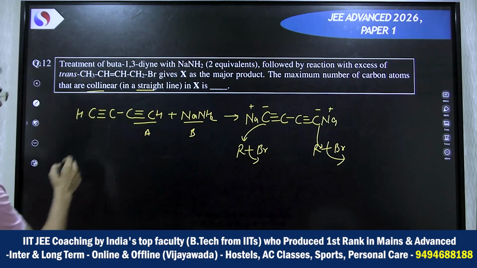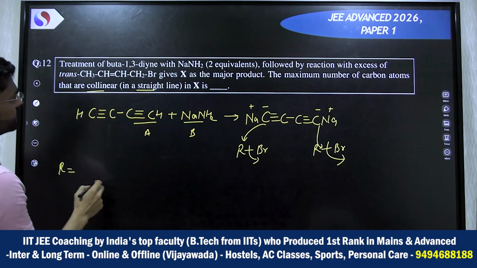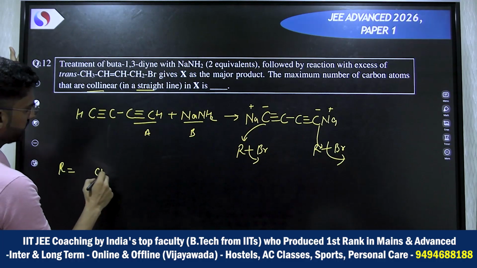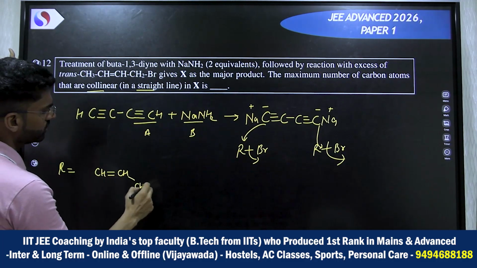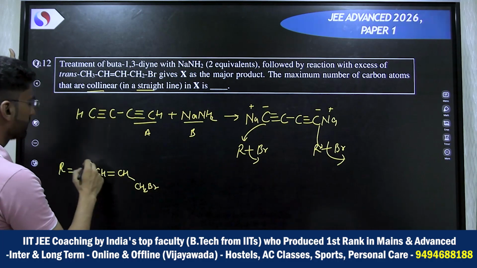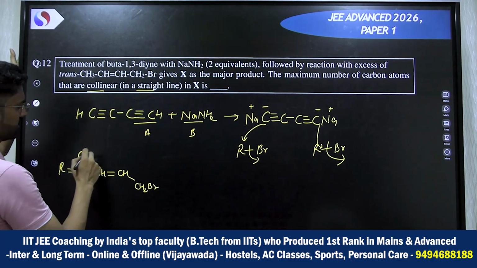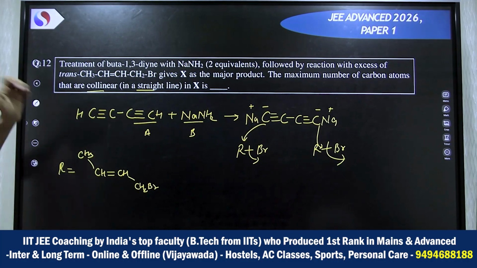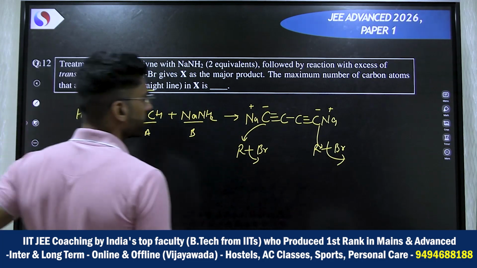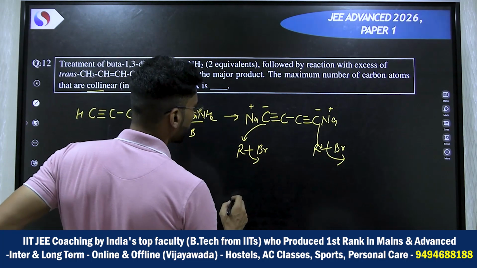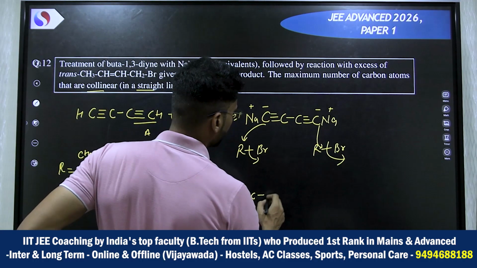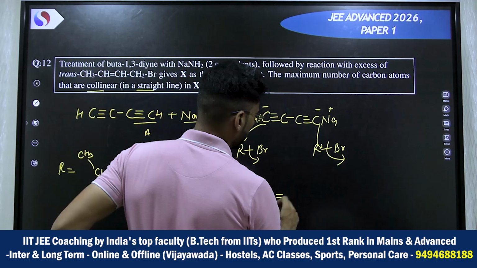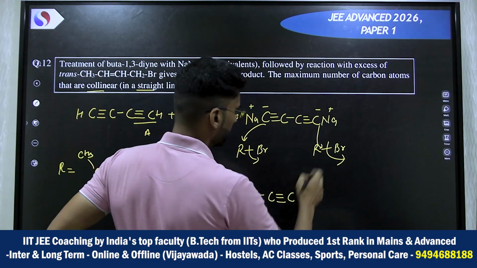The R group they have given is trans. So this is CH double bond CH, this is CH2Br, this is CH3. Let me write it down this way. So this is a carbon triple bond carbon, again carbon triple bond carbon, 1, 2, 3, 4.